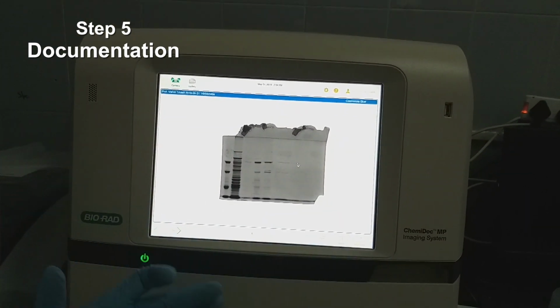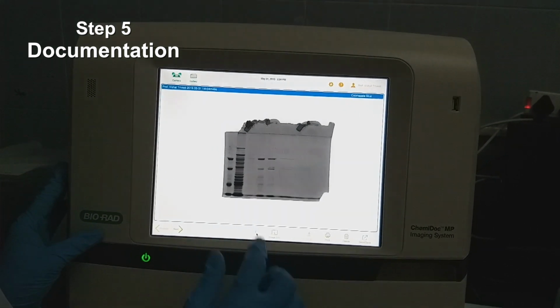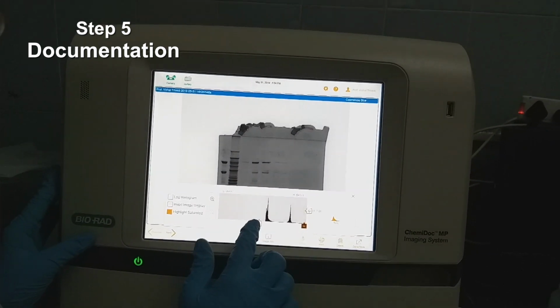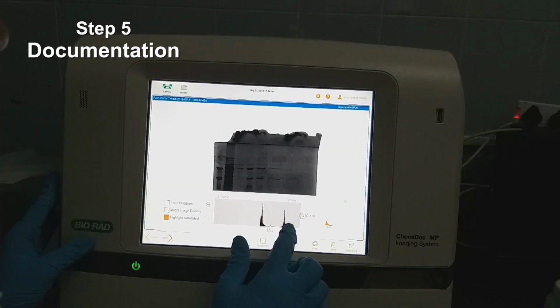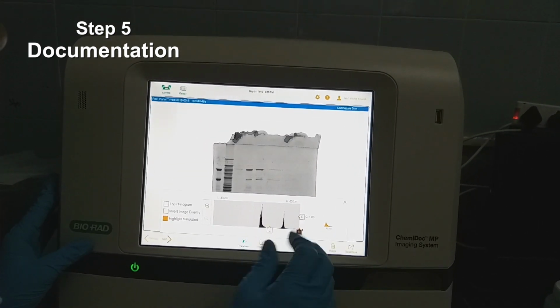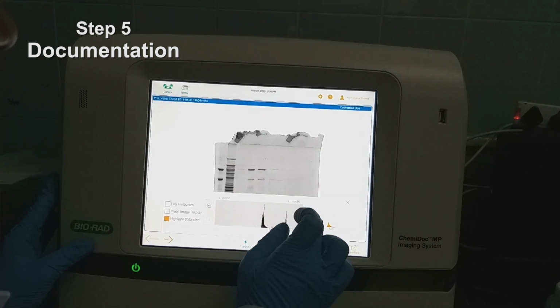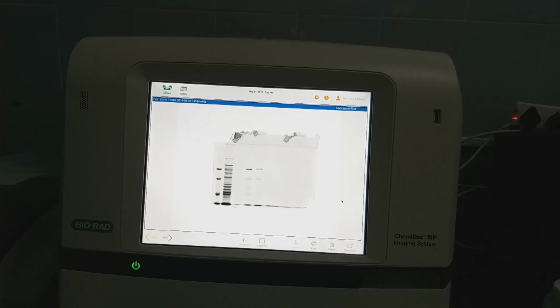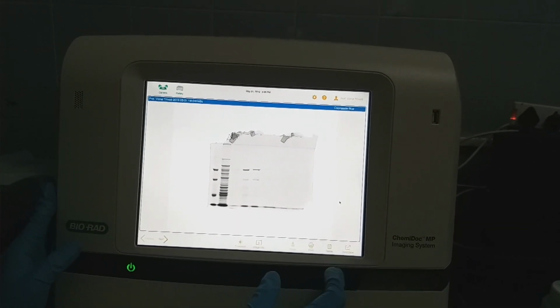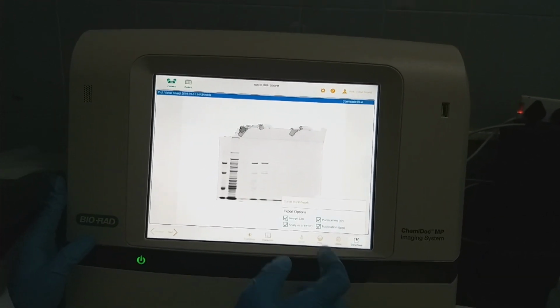If you want to do any modifications to images, for suppose you want to decrease or increase the signal intensity, this kind of changes you can do. If you want to send this gel, you can send and save.